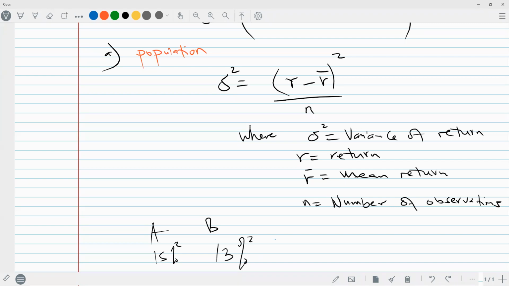So for an investor, the more certain an investment is, the better off you are, definitely, because the deviation for risk-free assets is very minimal. But generally, the more the deviation, the more risky it is to the investor who invests in a particular asset. So that's the case of population.